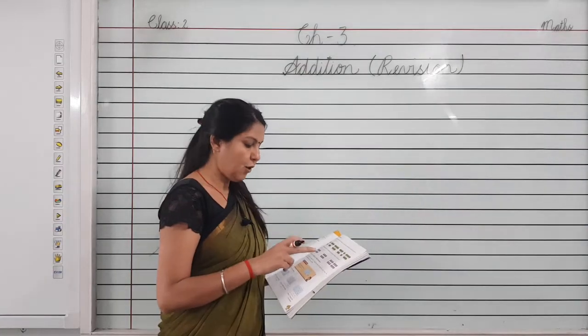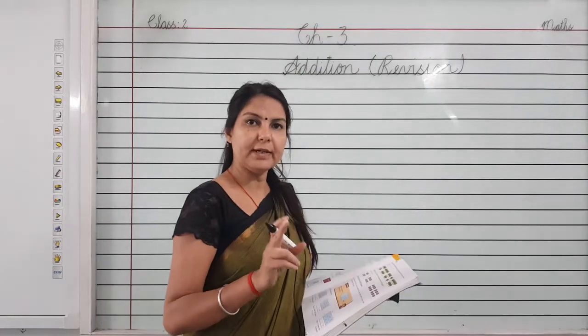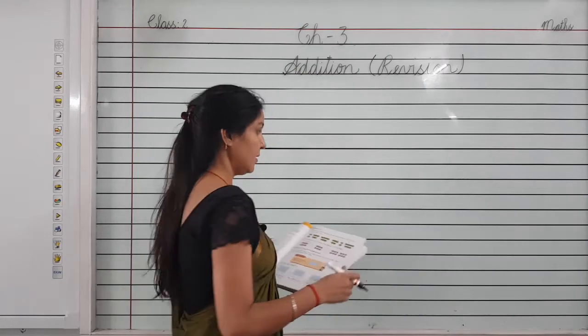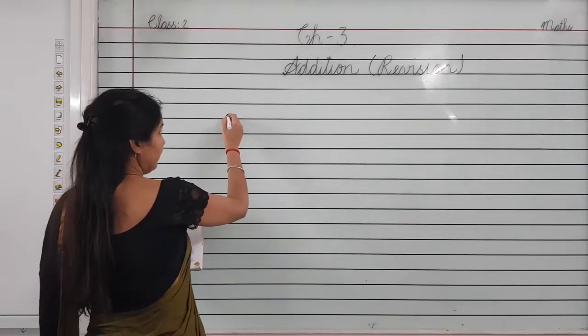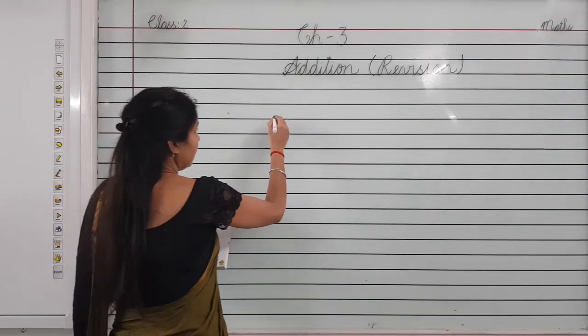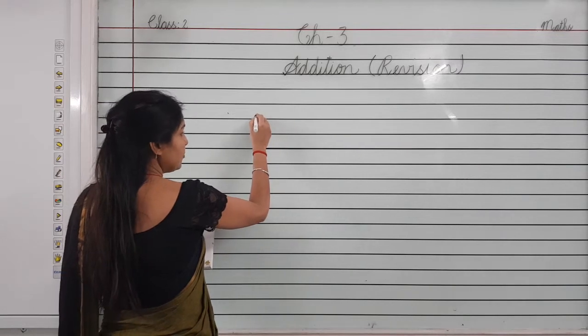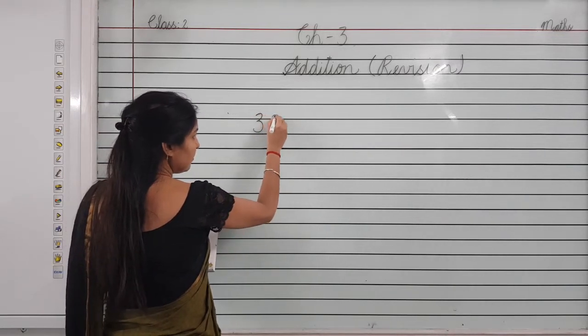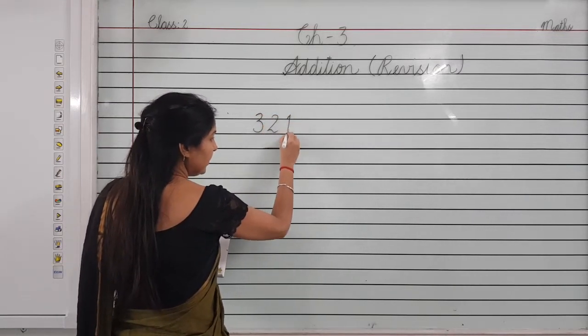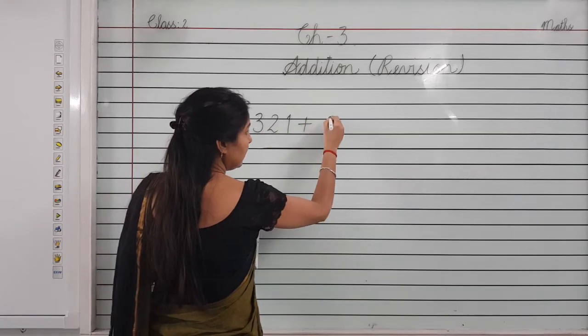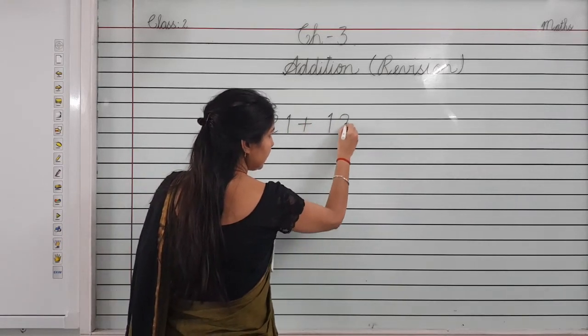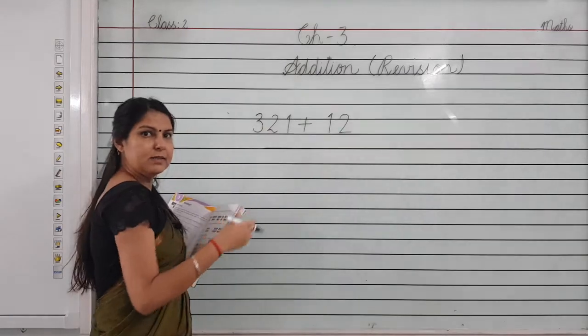So we are watching here addition of 2-digit and 3-digit numbers. Here I am writing one example for you. In one number, here is 3-digit, and in another number, here is only 2-digit. So we will add these numbers.